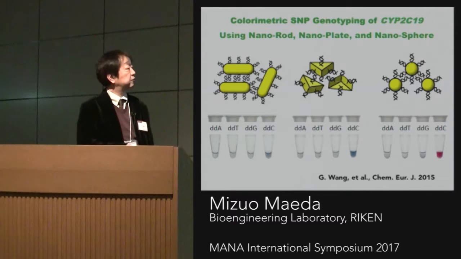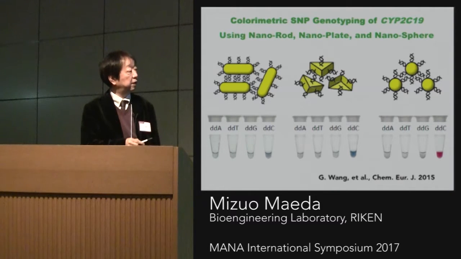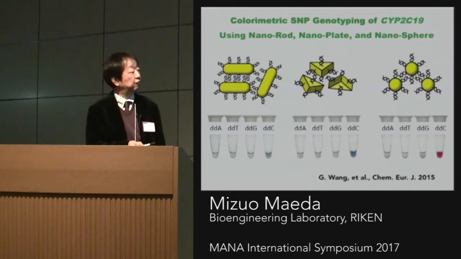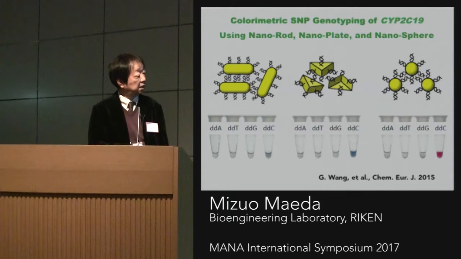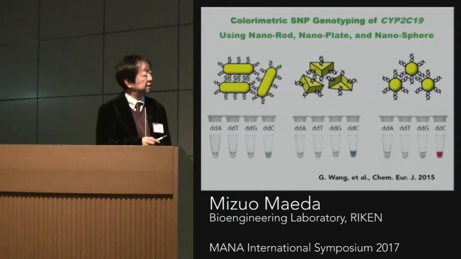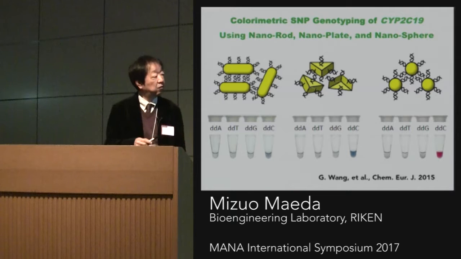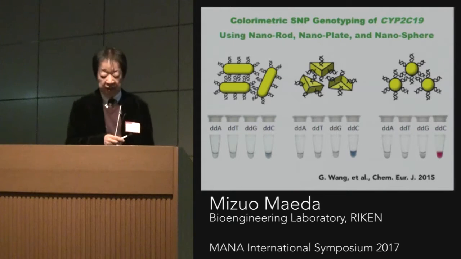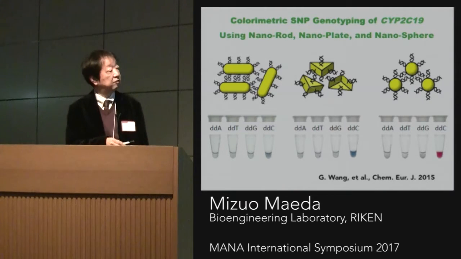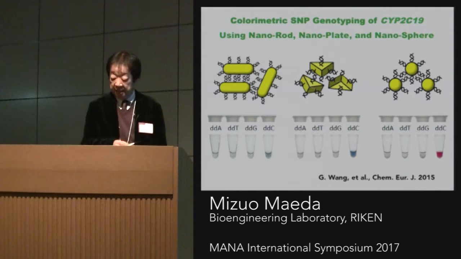And this shows similar results can also be observed for nanorods and nanoplates in addition to nanospheres. These structural differences gave differences in their colors: gray, blue, and red. This type of multicolor system may be used for more sophisticated diagnostic systems. We are now working on this.